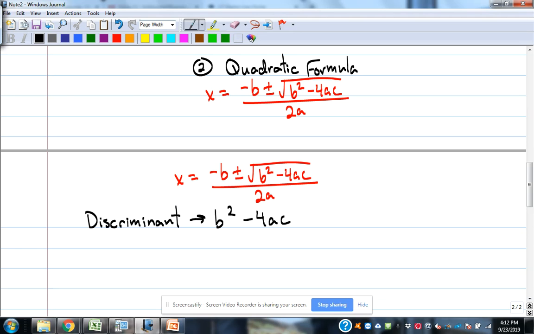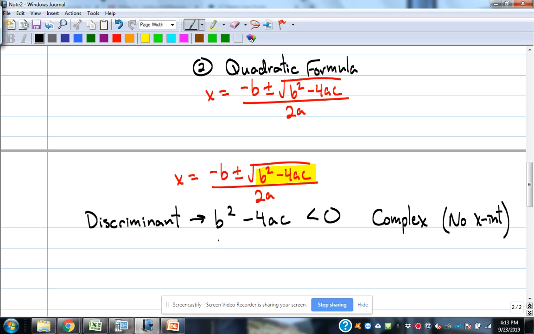What kind of number underneath the square root decides what kind of answers we have? If that number is negative or less than 0, b squared minus 4ac is less than 0, we have complex solutions, which also means no x-intercepts. It won't cross the x-axis. If we look at the graph and we see that it doesn't cross the x-axis, we know that the discriminant must have been a negative number, tying it all together there.